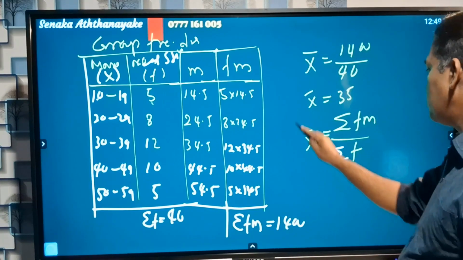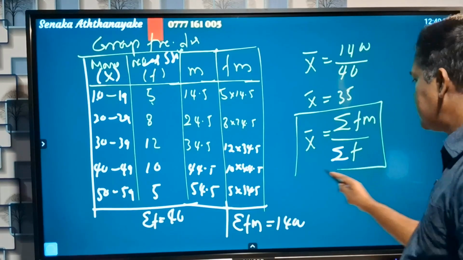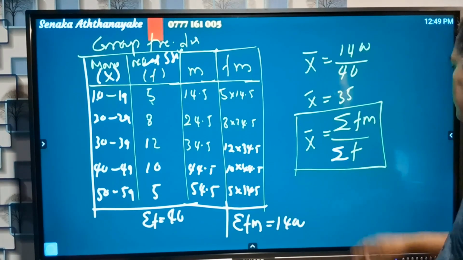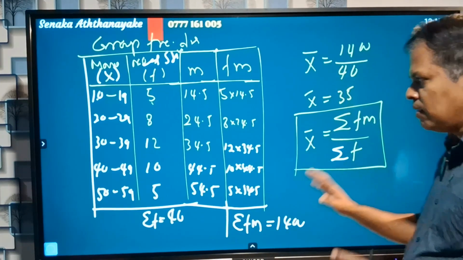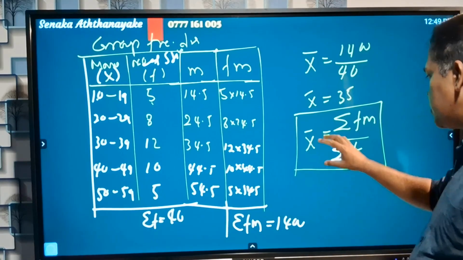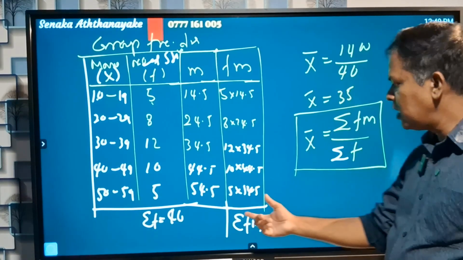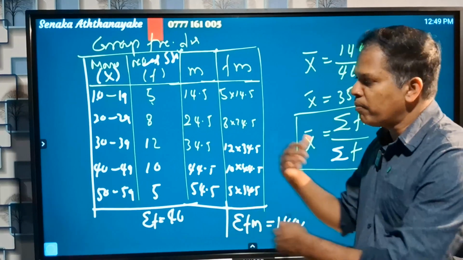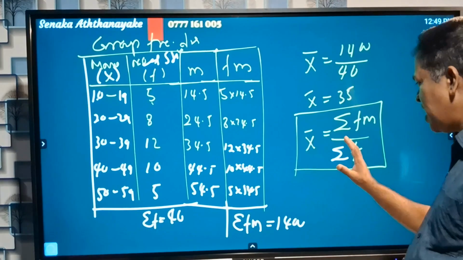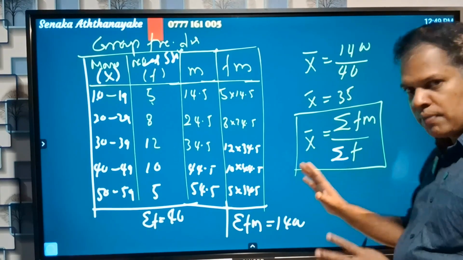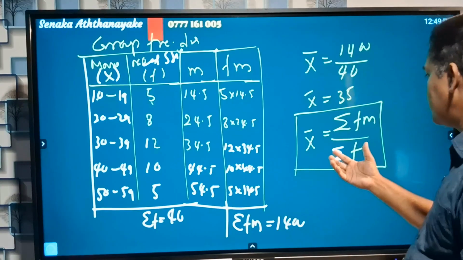So another formula to calculate x bar: x bar is sigma fm divided by sigma f. Very simple. But before introducing this formula, you can calculate using the concept of the mean. So no need to worry about this formula, but as a subject you have to use this kind of formula.